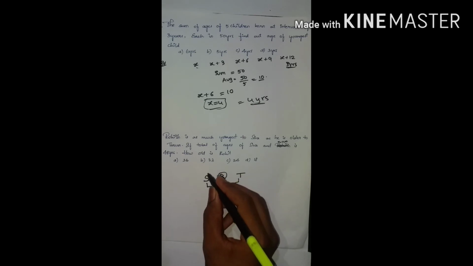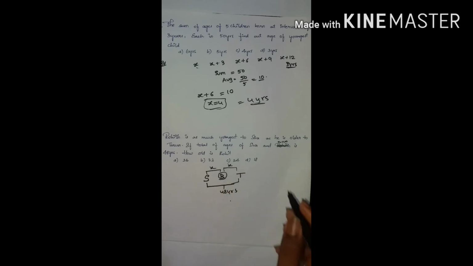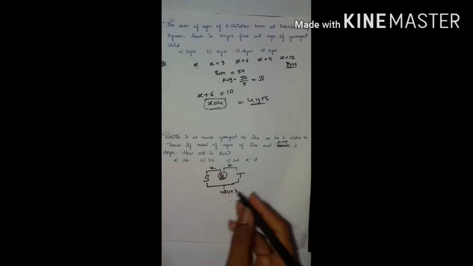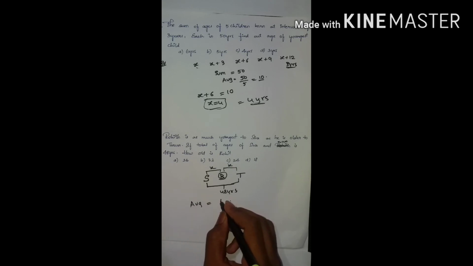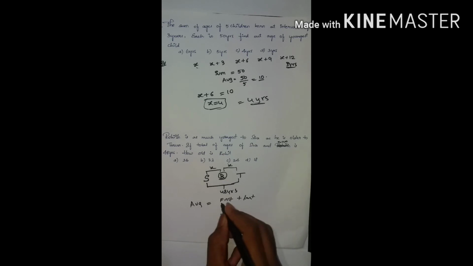That means we know this is also in arithmetic progression. We know that S minus R equals R minus T. Consider this as x. So this is in arithmetic progression. As you know, when the terms are in arithmetic progression, the average is the exact middle term. So how do we find the average of the exact middle term? That means first term plus last term divided by 2.